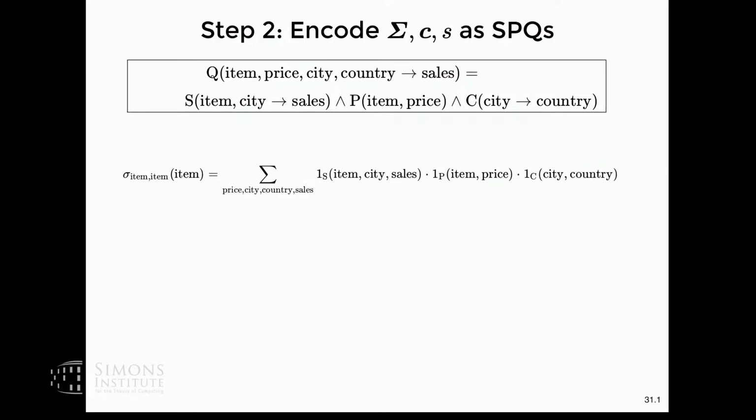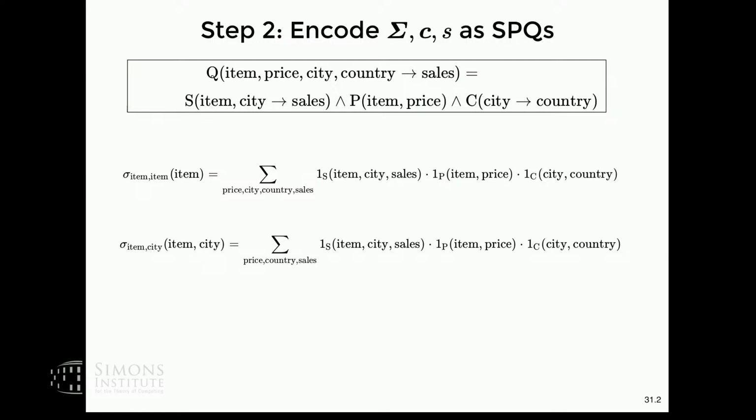So their product is going to be 1 only when the tuple item, price, city, country, sales is in Q. And we are doing a summation over price, city, country, sales. So when we take this summation, we will basically count for every item the total number of tuples in Q for this particular item. So this is the SPQ for item.